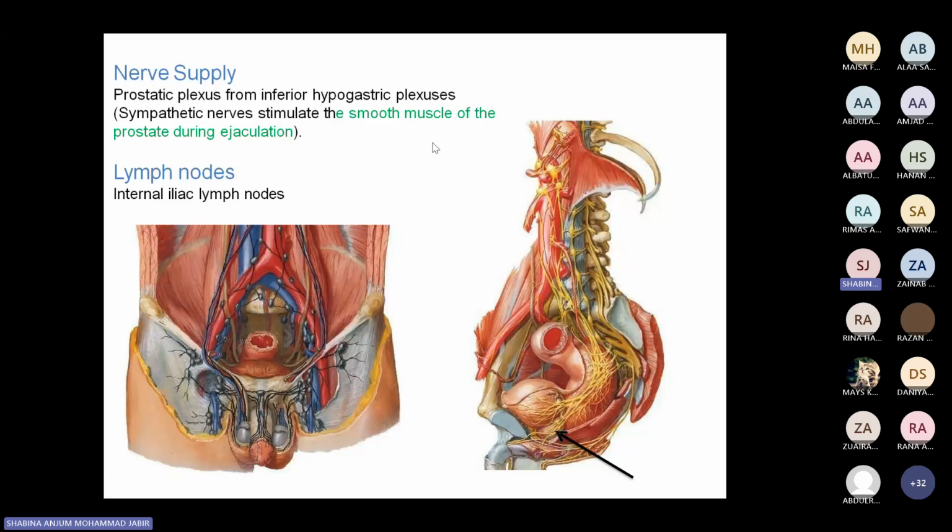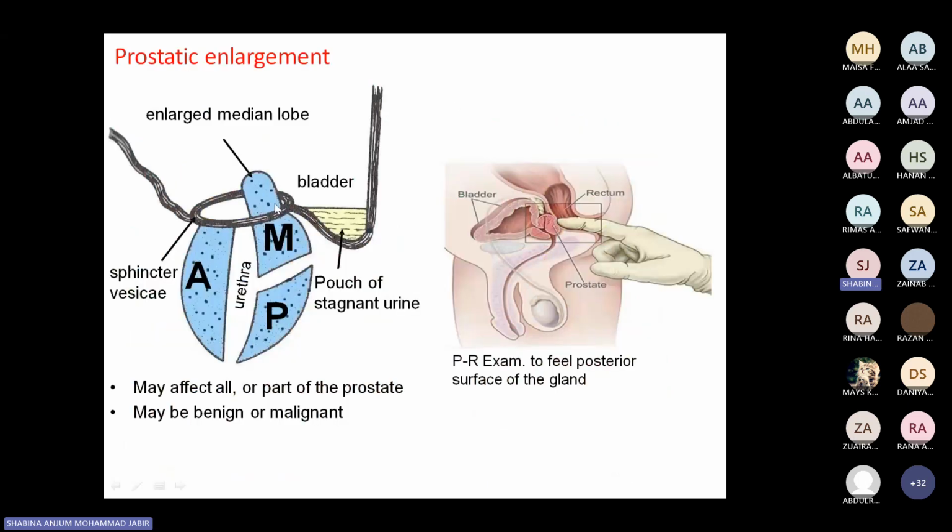As we just saw, with any enlargement of the prostate, which lobe will mainly be enlarged? The median lobe. Always remember the median lobe is more prone to enlargement, and it will enlarge in the upper direction.